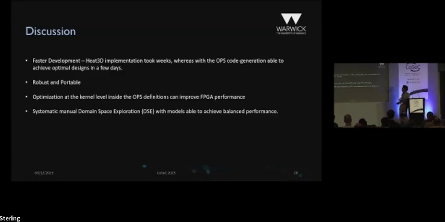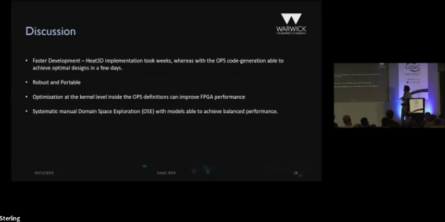I can optimize and get a more optimized implementation. They are also more robust. For example, previously handwritten code was not working properly with new tooling, because FPGA tooling is evolving at a crazy pace, and each time they come up with a new tool, it does not perform similarly to the previous tool.